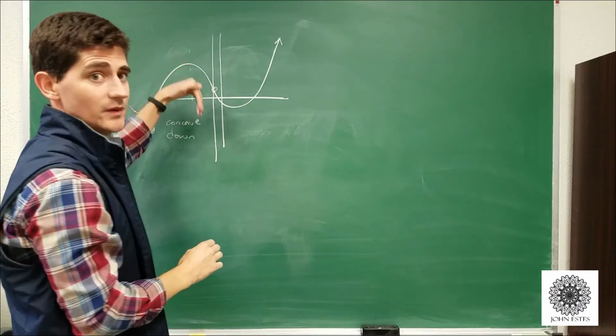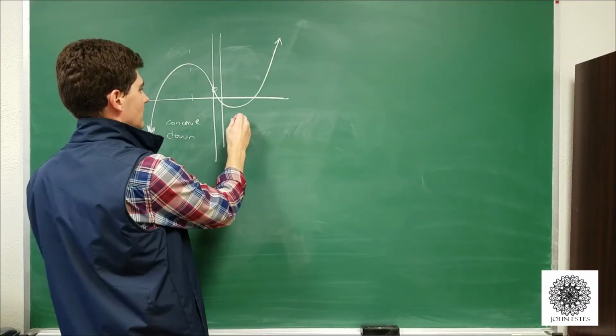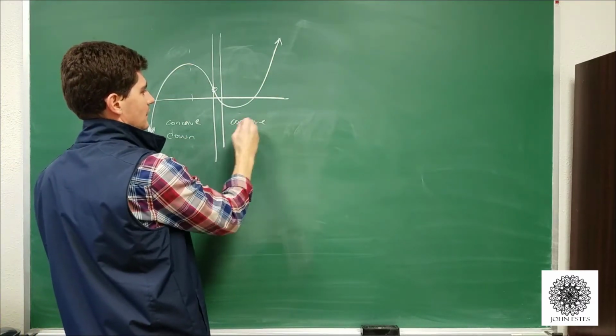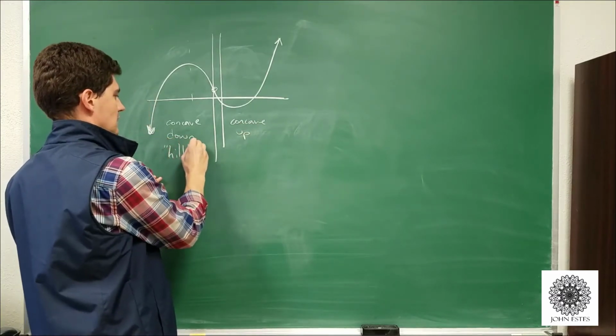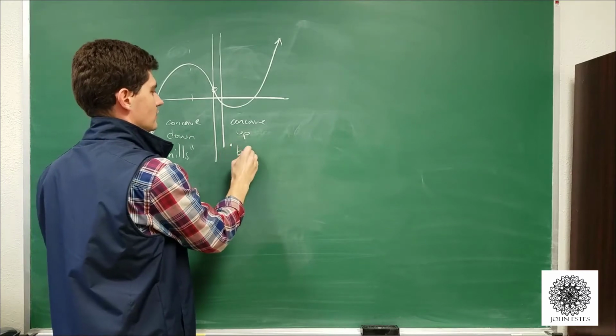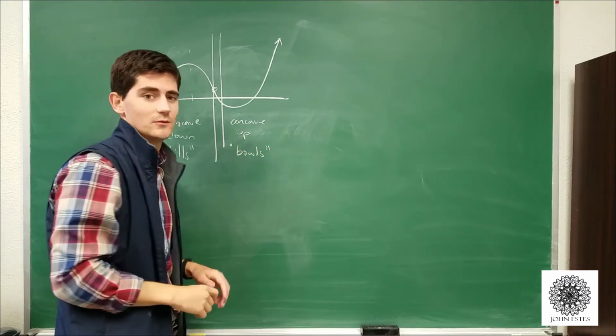And over here, I'm bending up like a bowl. This is called concave up. So concave down are your hills, and concave up are your bowls, or your valleys if you want.